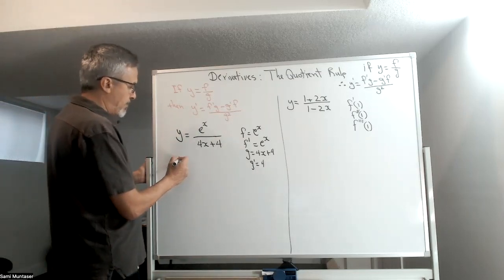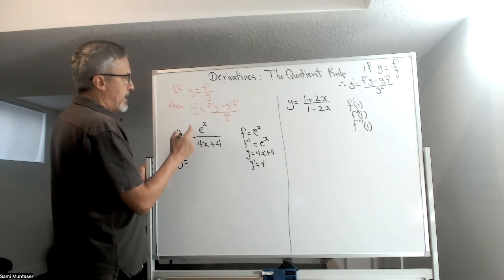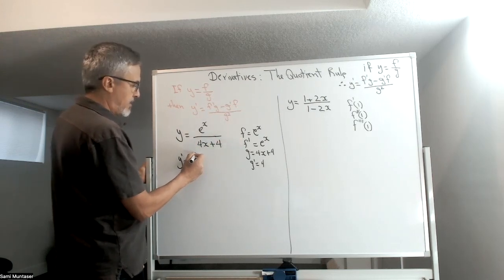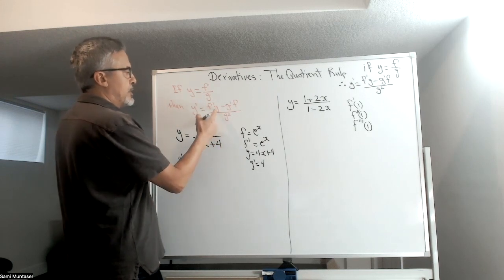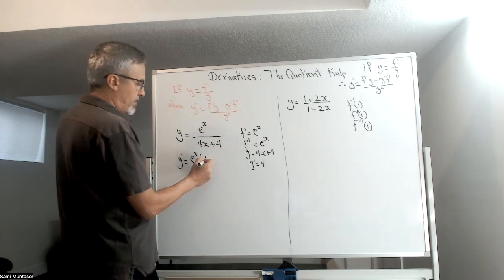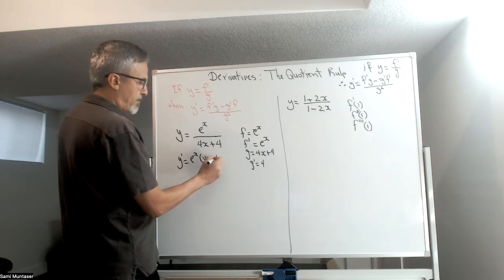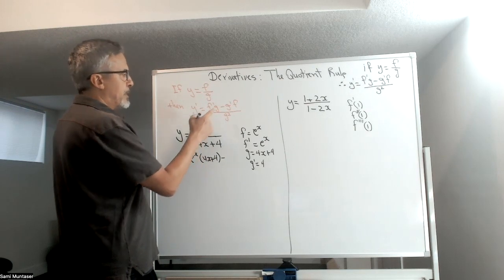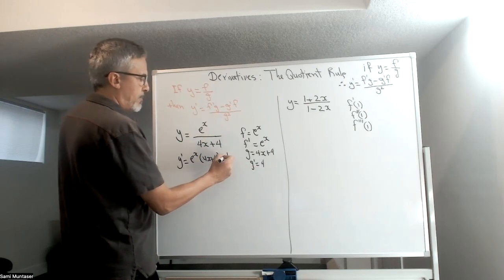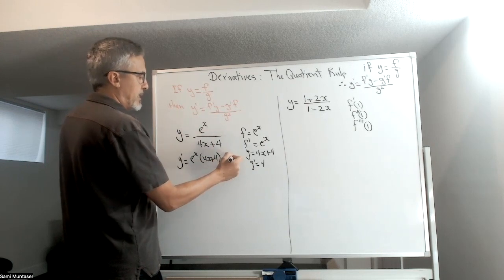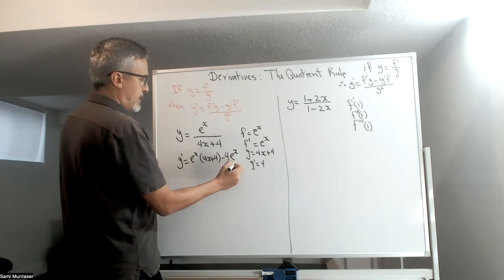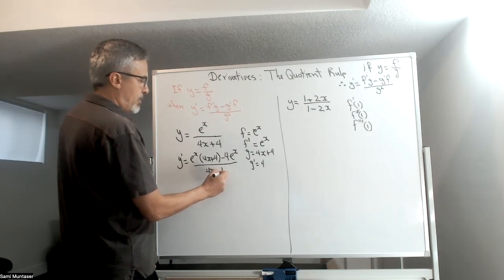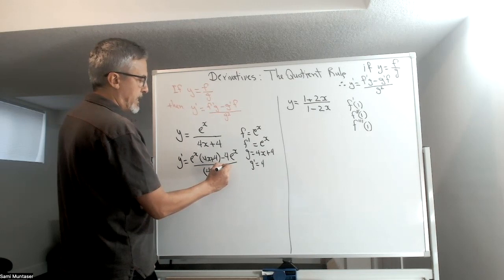So here y prime would be f prime, which is e to the x, times the g, which is 4x plus 4, minus the g prime, which is 4, times f, which is e to the x, over 4x plus 4, that's the g, and then you square it.